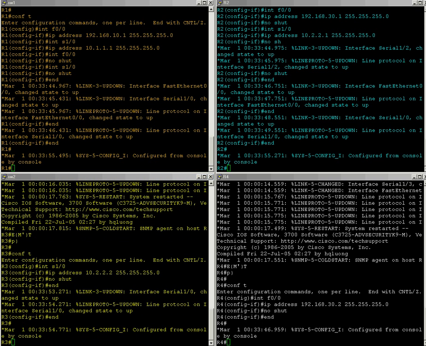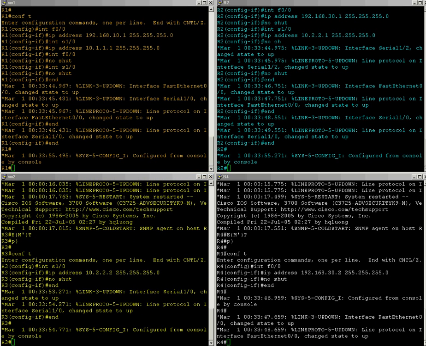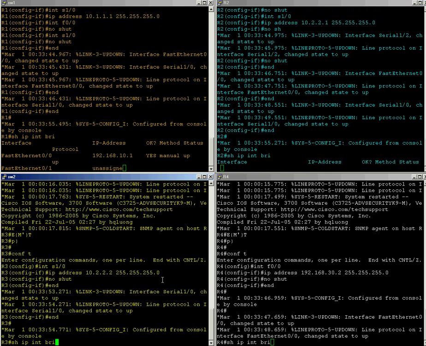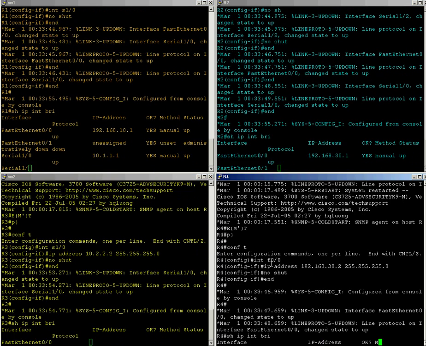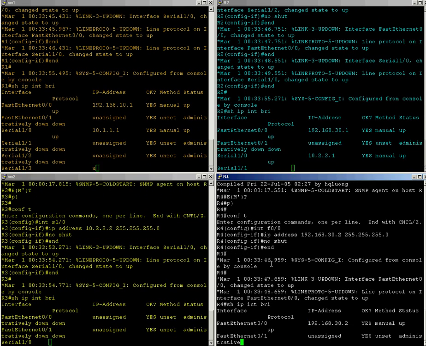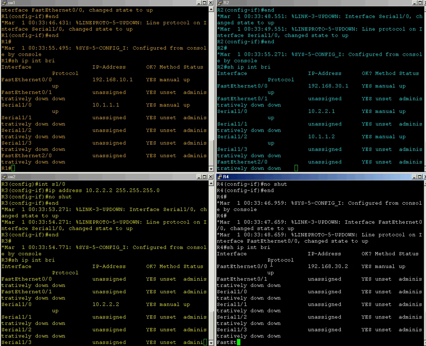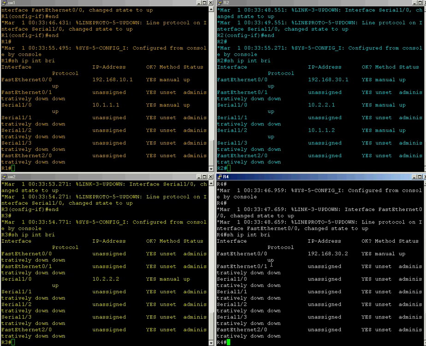As these routers load their parameters, this is just basic configuration going on. I'm going to do an interface brief to make sure these IPs are set like they're supposed to be and the protocols are up, which everything looks good so far.